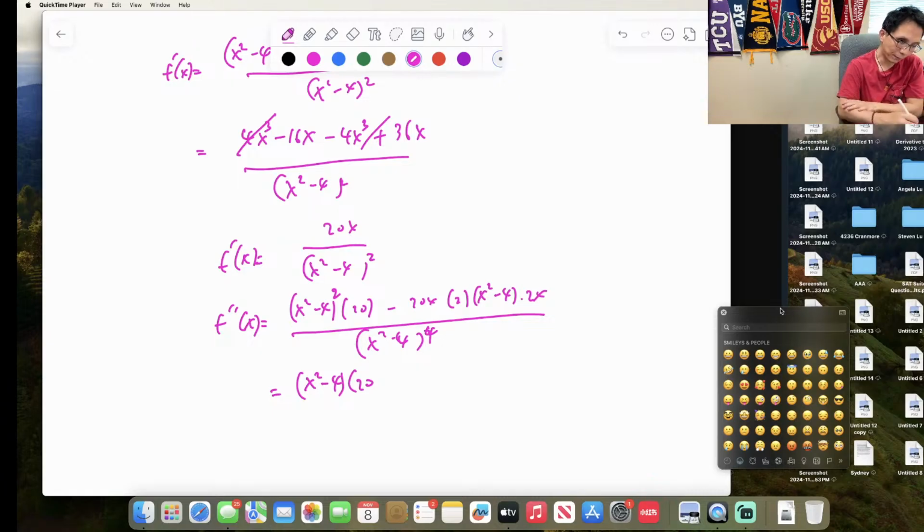Okay. So now I factor out x squared minus 4. So there should be 20 times x squared minus 4 inside, because I take out x squared minus 4.